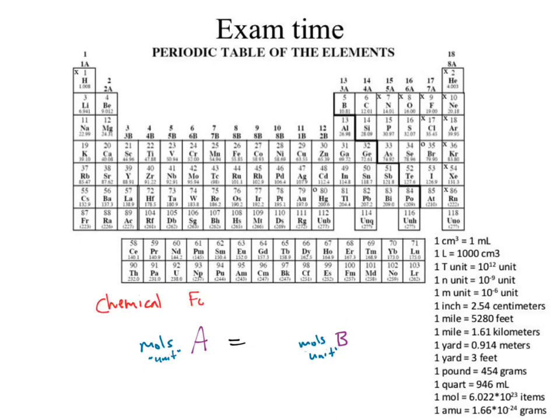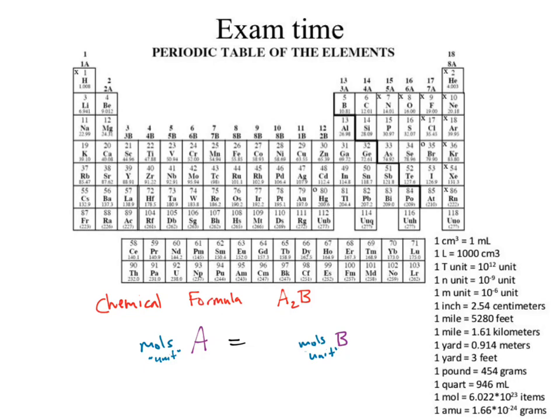a chemical formula. Like if I had the formula A2B, how would I convert A and B? Where would I get those numerical values? The periodic table gives you moles and grams, atoms and AMUs.